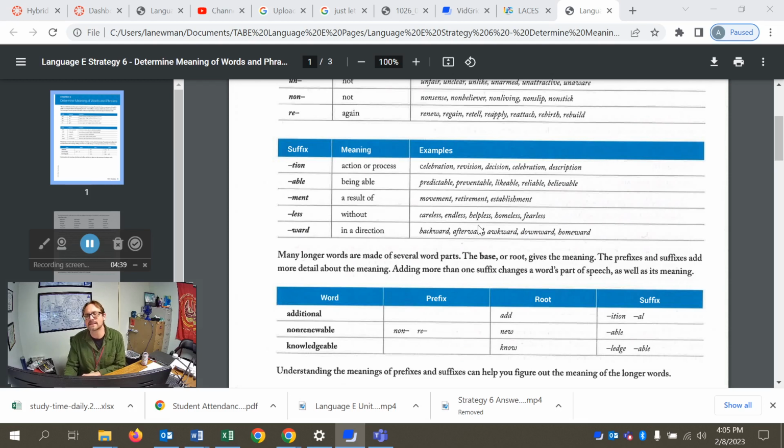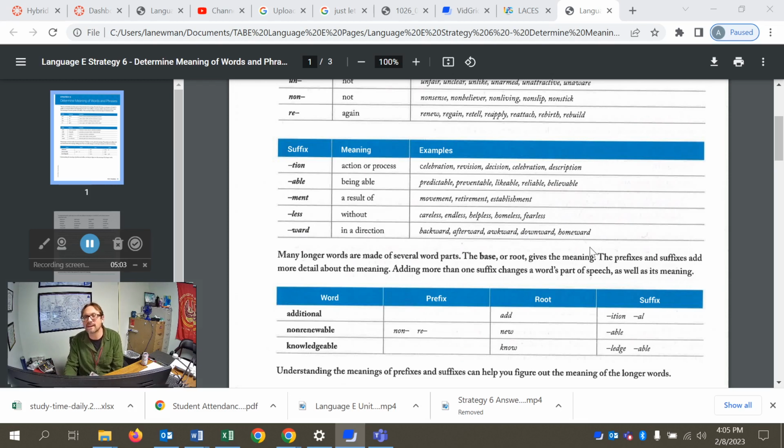Less, without. So careless means without care. The root word in endless is end, and it means without end. And helpless means without help. And then lastly here, ward means in a certain direction. So backward, the root word is back, so this word means in the direction of back.